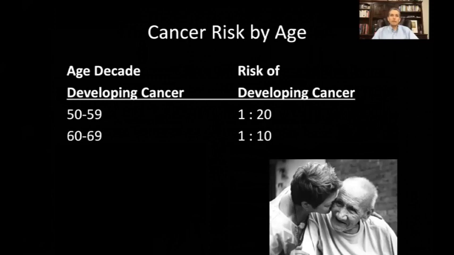If you're in your 60s, you have a 1 in 10 risk. That's 10 times as much. If you're in your 70s, you have a 1 in 5 risk. That's another 10 times the risk. And then if you're in your 80s, you have a 1 in 3. So about 33% of individuals in their 80s will develop some form of cancer.